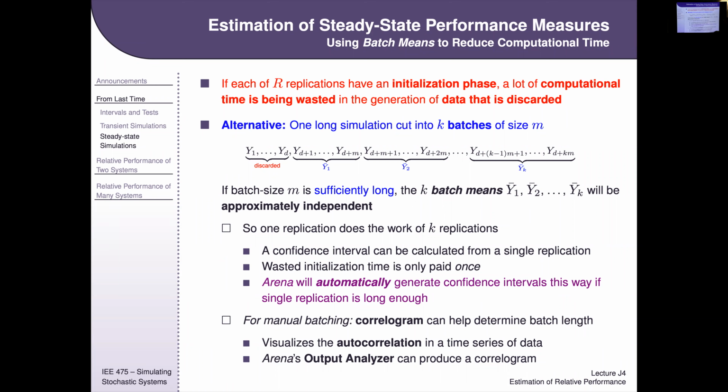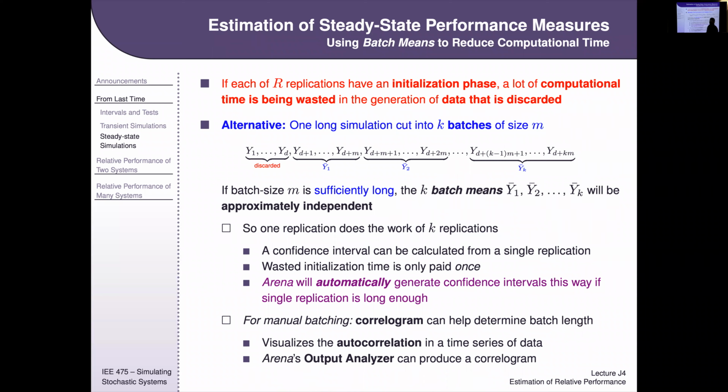And if these batches are sufficiently long, then a performance estimate from batch 1 will not correlate with a performance estimate from batch 2, even though they're running in the same simulation. But you need to be really long here. If these batches are small, there's probably going to be high correlation between them, and you won't be able to do this. But if they're really long, they'll stop being correlated, and then one simulation run will end up generating a bunch of data points.